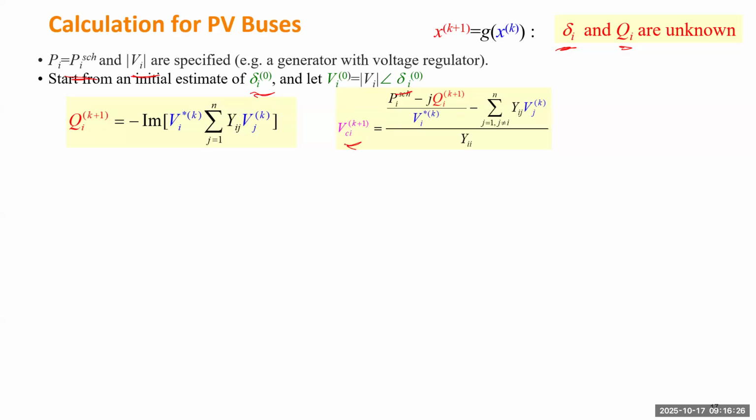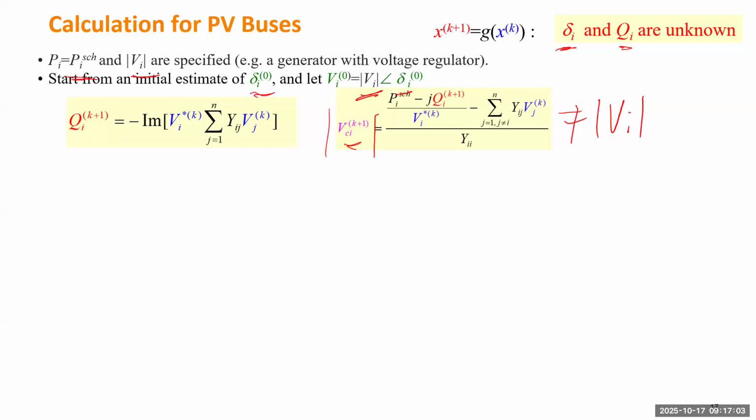We don't call this one the voltage phasor because we don't utilize the entire phasor for our next iteration. Why? Because for such a PV bus, the magnitude is already determined. We cannot change that magnitude during this process. If you calculate the updated voltage phasor for this PV bus and take the absolute value, it may be different from the absolute value given by the problem.